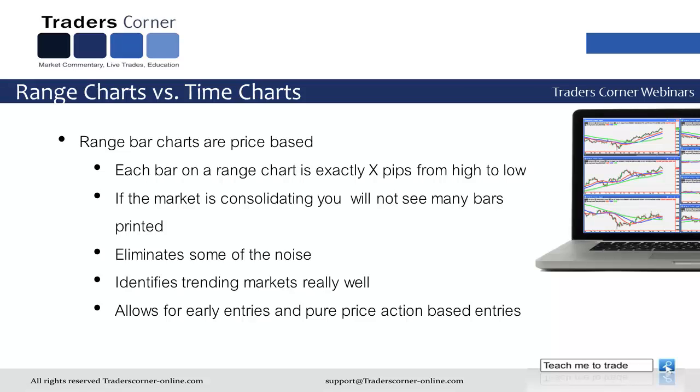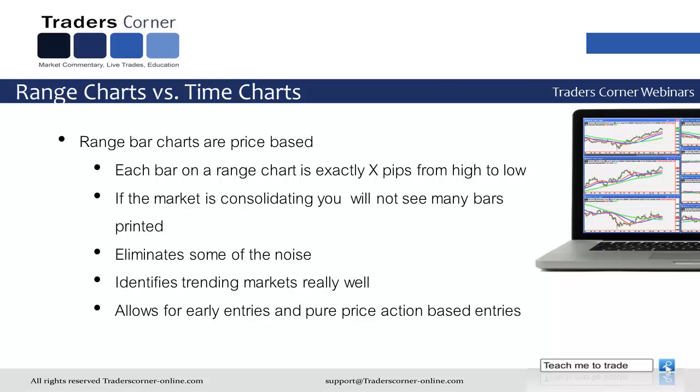Now, the benefit of this is if the market is consolidating, you're not going to see many bars printed. So you're not going to get that noise in your trading. You're not going to have all of these bars with long wicks here and there, and just nothing much happening, because ultimately with a range chart, a new bar is only printed when the predefined range is exceeded. And by definition, if the predefined range has been exceeded, then there's been some movement in price.